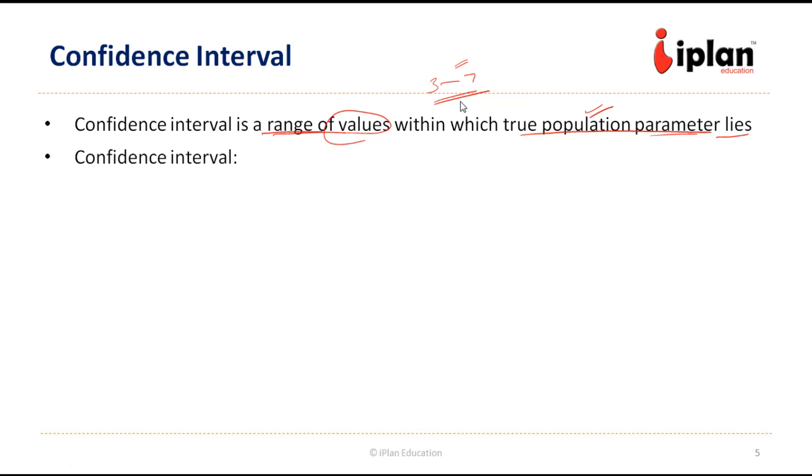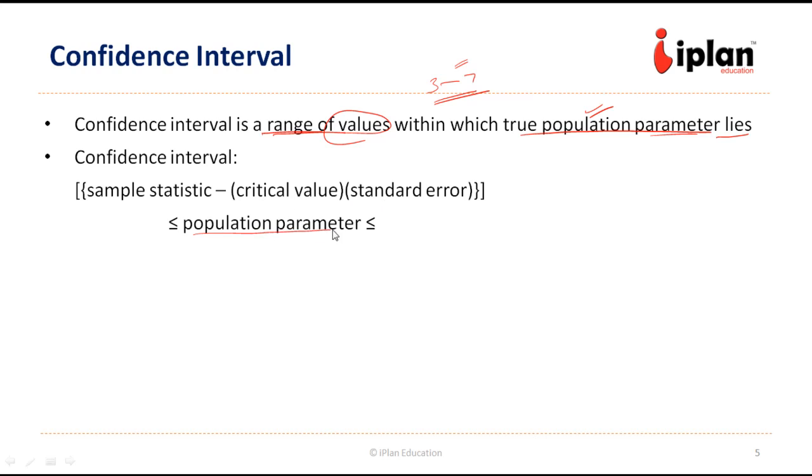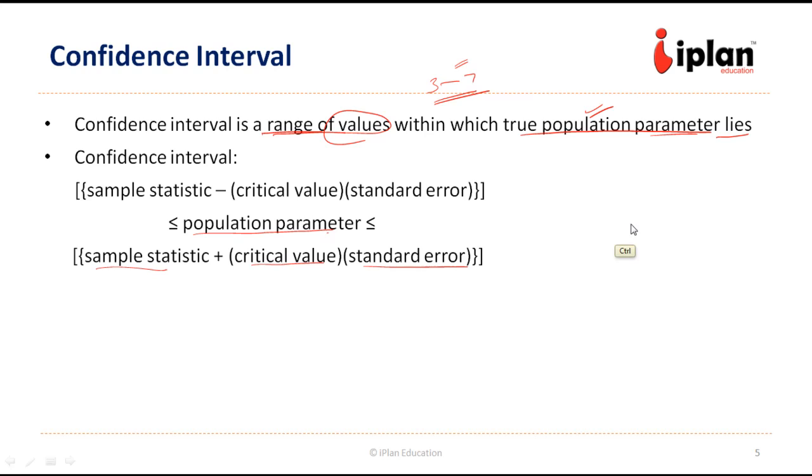It can be defined by this formula: sample statistic minus critical value into standard error is the lower bound, then the population parameter, and the upper bound is sample statistic plus critical value into standard error. For example, in my previous example, the population parameter was mu, the mean, which was greater or equal to the sample statistic, the mean of the sample, which was 5, minus the critical value, which we took as 2, the value of k, into standard error.